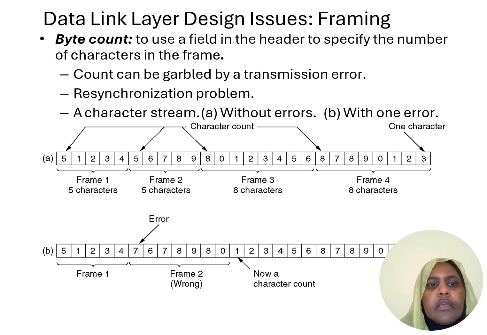As we can see in the figure below, the frame header contains the frame length, and the receiver will simply read the header, count the bytes, and at the end of the bytes, it will assume that the next byte is the header for the next frame. But what if an error occurred? In this example, a 5 has been flipped to 7.